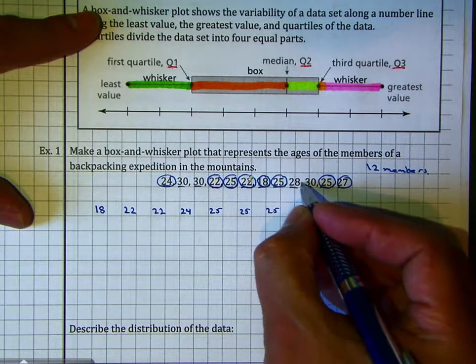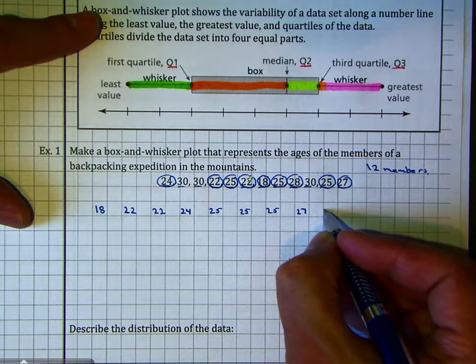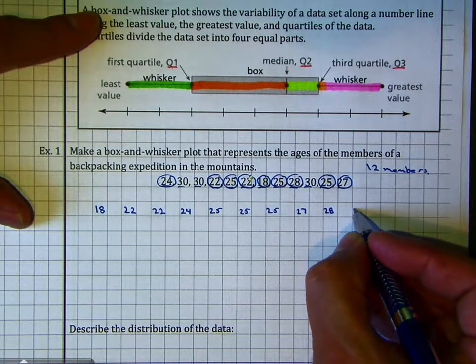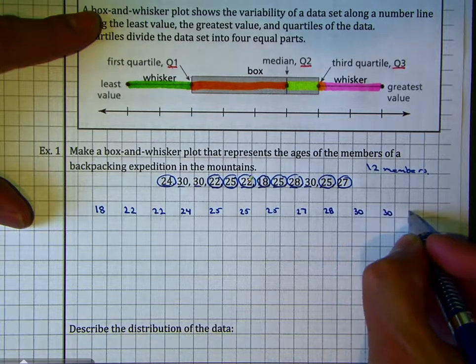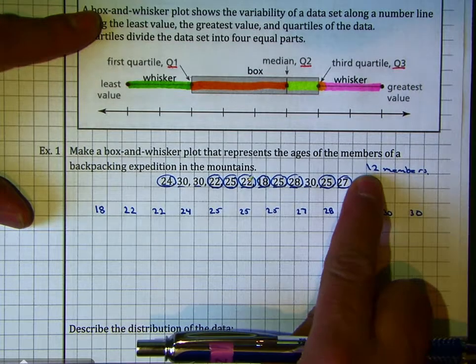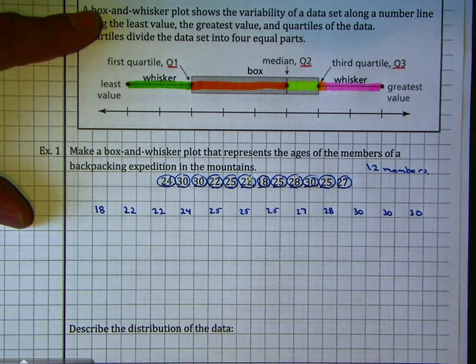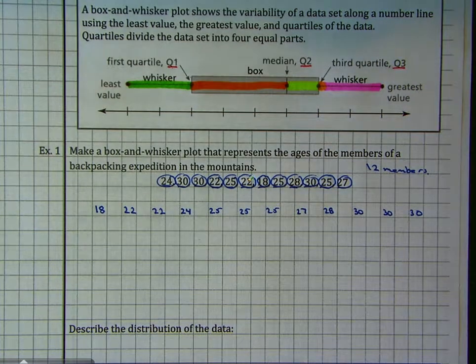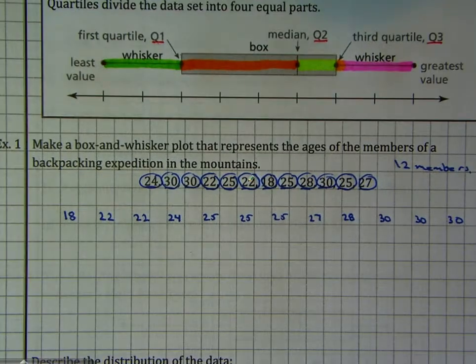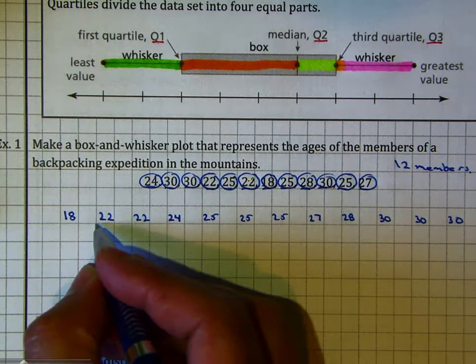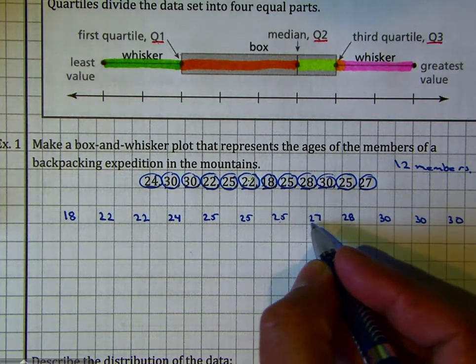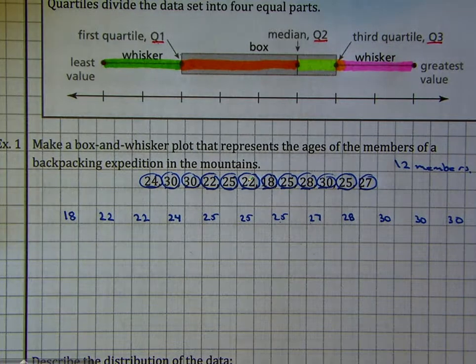We have a 28. And we have 3 30s. 1, 2, 3. And I don't think I left anything behind, did I? Sometimes you guys will see my mistakes before I do. So let's see. 12: 1, 2, 3, 4, 5, 6, 7, 8, 9, 10, 11, 12.